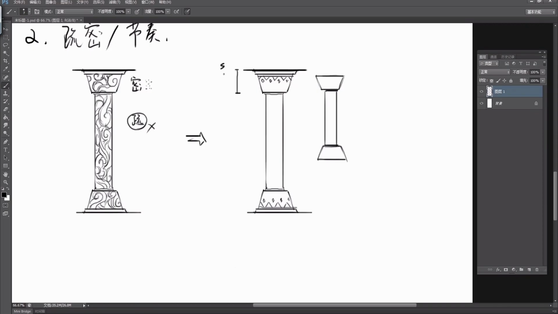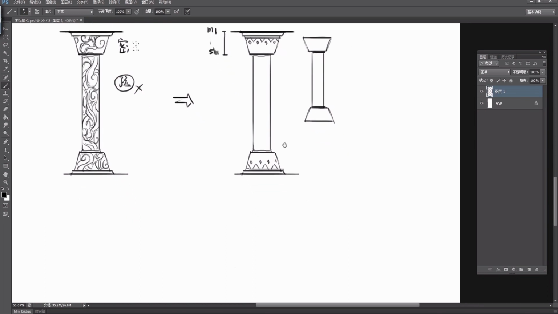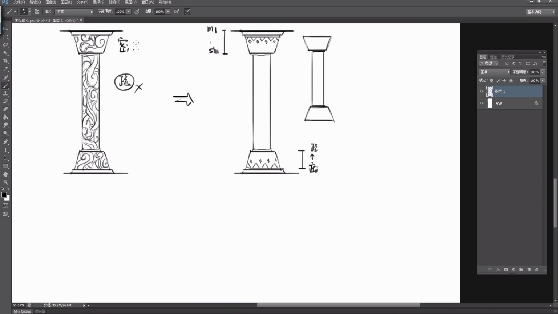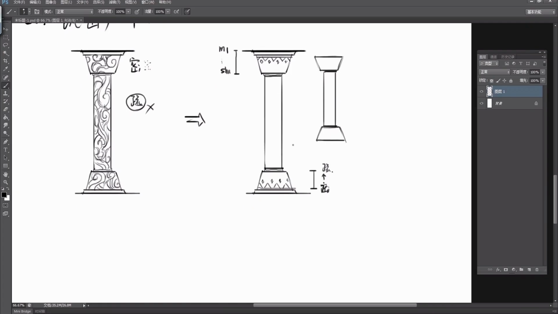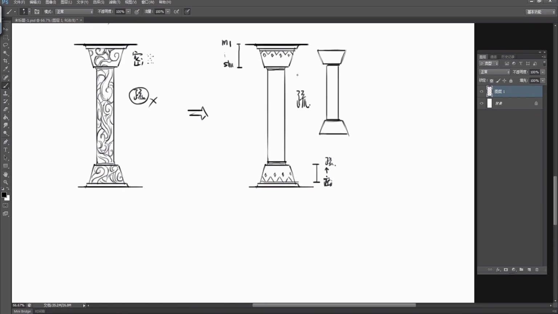It realized the transition from denseness to sparseness. Then it comes to the cylinder, or triangle in two dimensions. It becomes the sparseness of this pillar with no decoration. This space is really sparse.